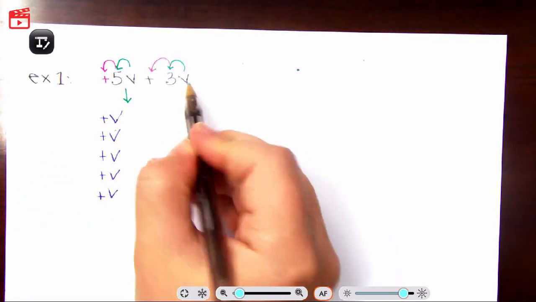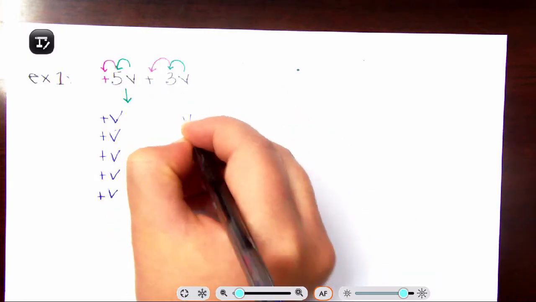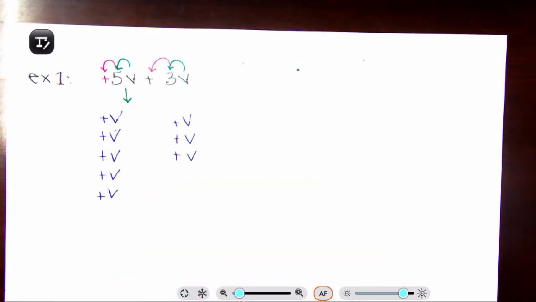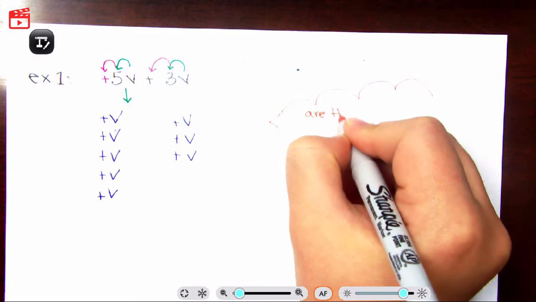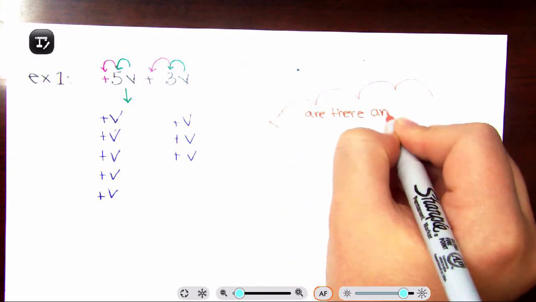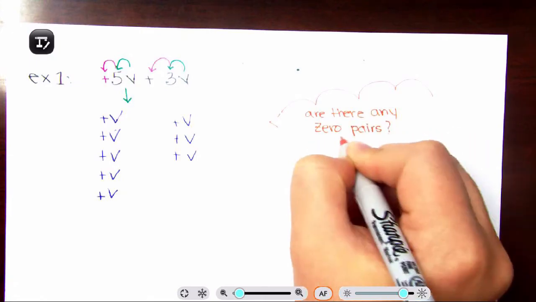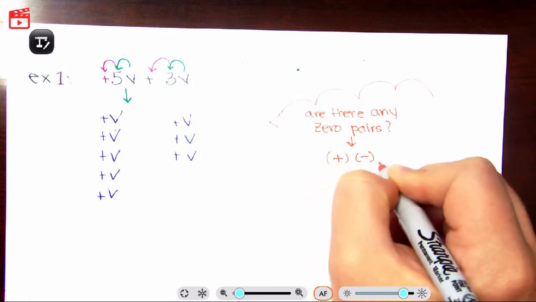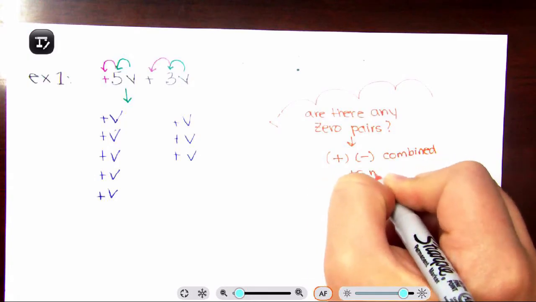Now on this side, what do I have? V's. How many? 3. Are they positive or negative? Positive. I have 1, 2, 3. At this point, you need to ask yourself a question. Are there any zero pairs? And remember, a zero pair is one positive and one negative combined to make 0.